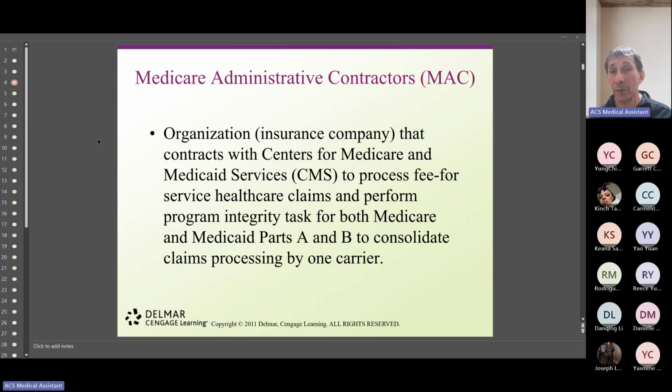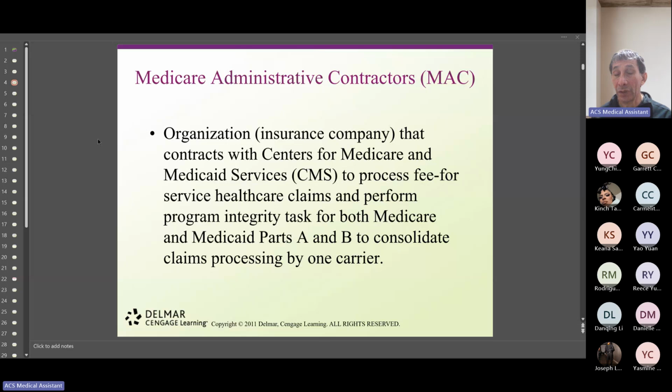We will discuss Medicaid and Medicare, because these are very, very important insurances. And somehow, one way or another, we are going to be part of it. Remember, Medicare is for people older than 65.